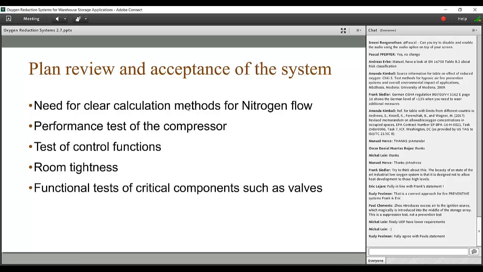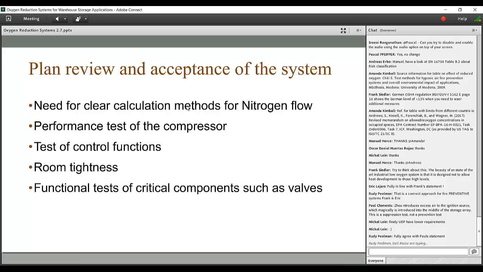And going from the design side into the review and long-term operation, you need to have a good sense of what the controls are, how the room tightness is monitored and maintained, what happens in terms of alarms that are given, how are you calculating the flow rates, how are you assuring that you're achieving the design concentration over time.